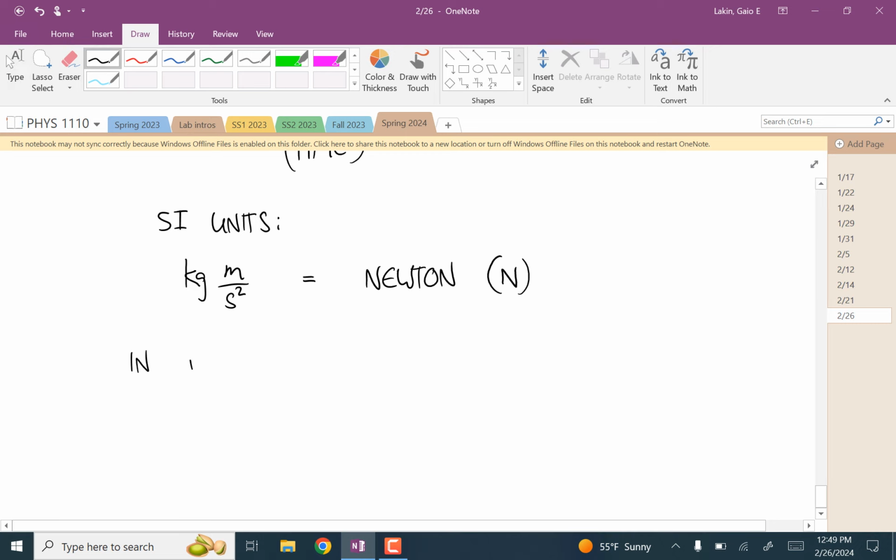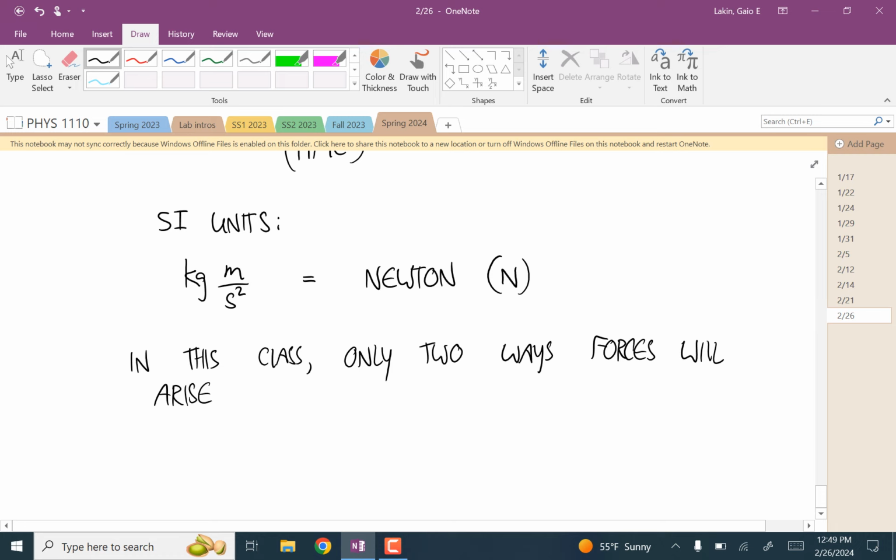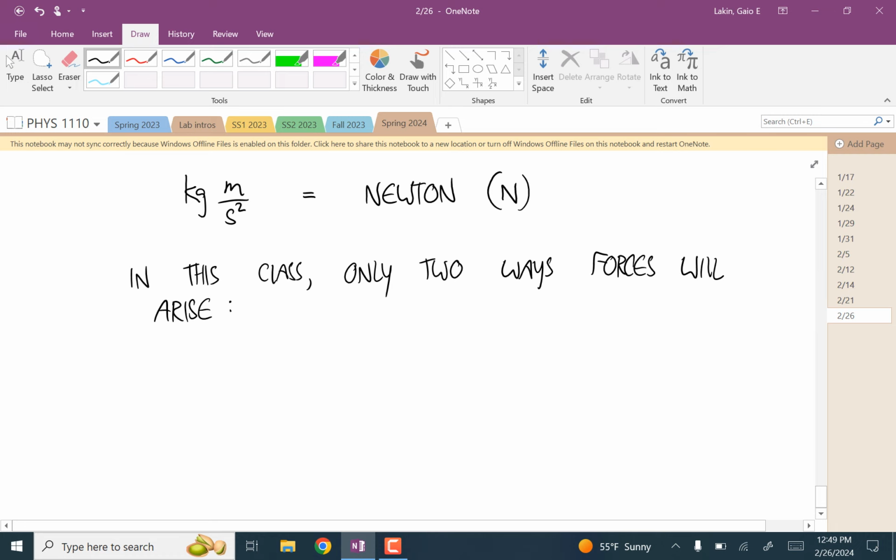In this class, there are only two ways forces will arise. The first one is weight.